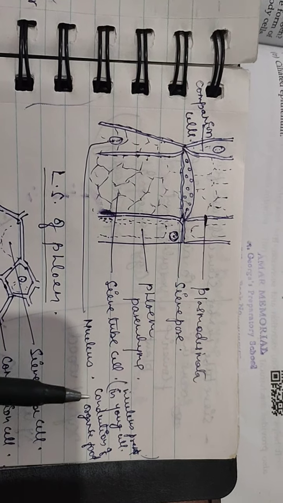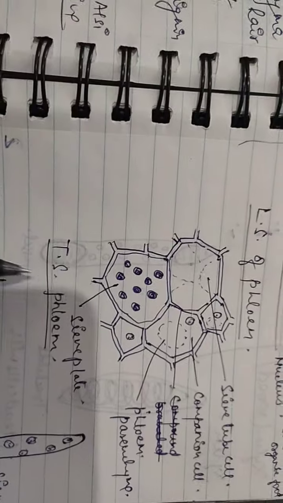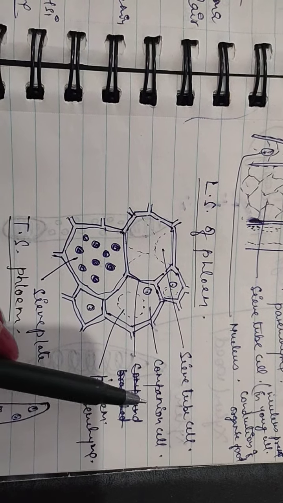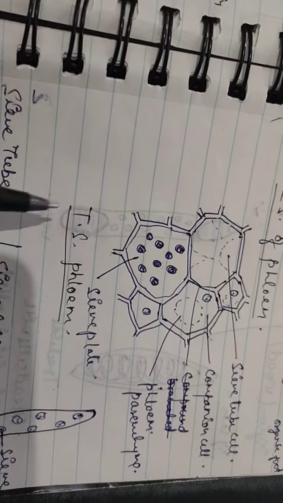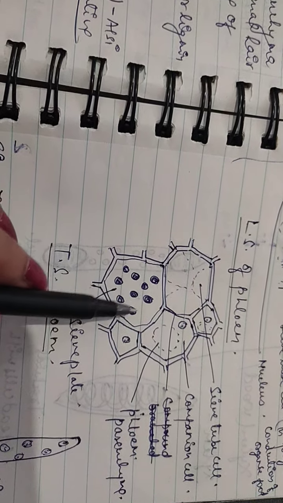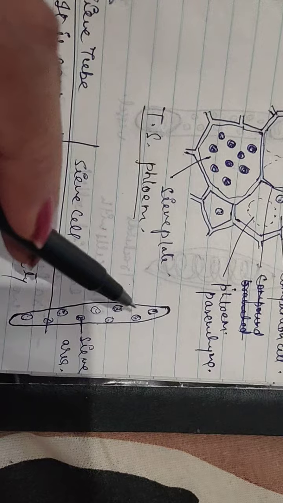Nucleus is present in young cells in conduction of organic food. See here, this is TS, transverse section: sieve tube cells, companion cells, phloem parenchyma. This is the sieve plate. You can see there are so many depressions or pits or sieves, like a channi, and this is the sieve area.